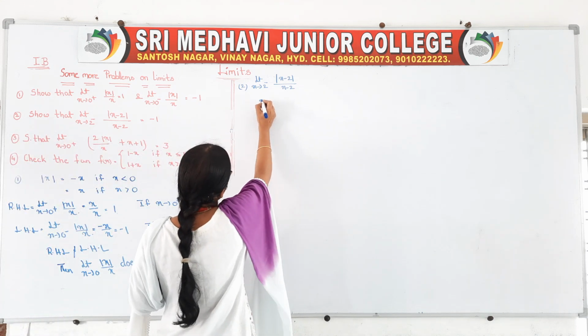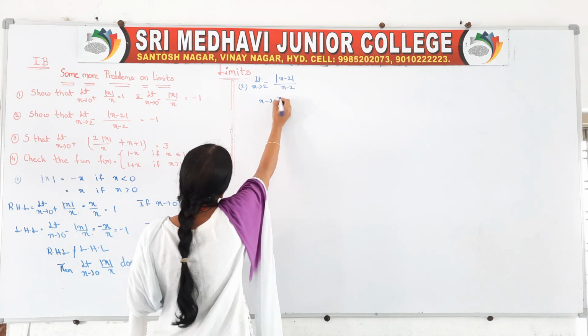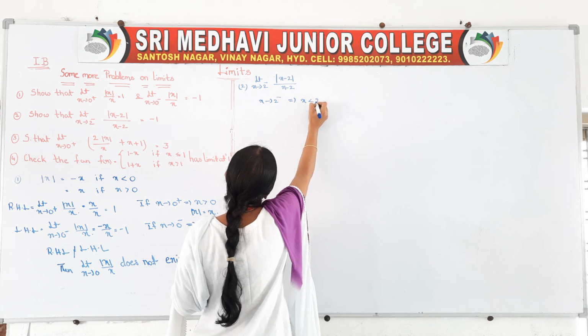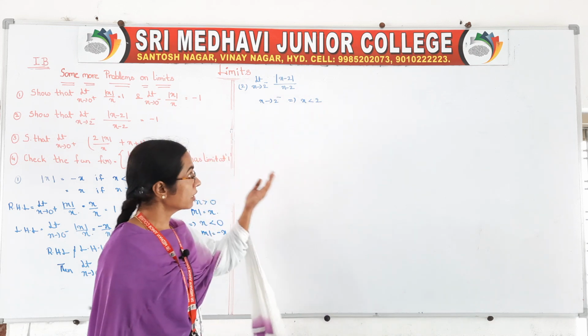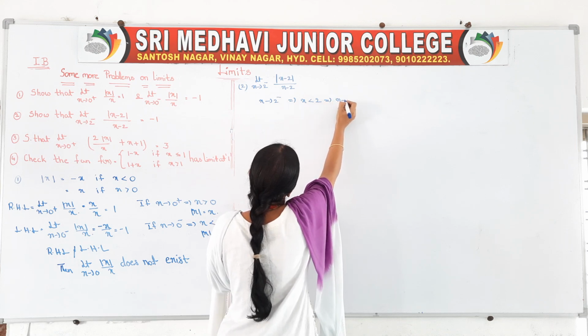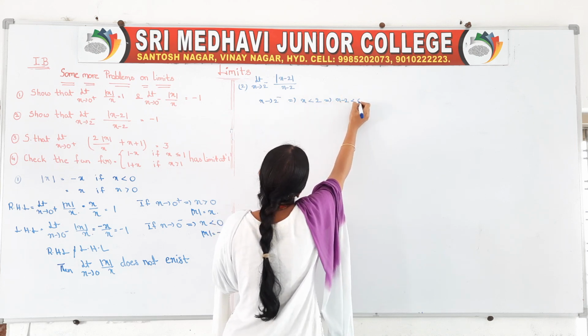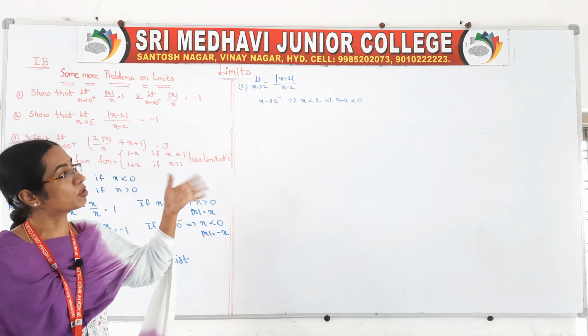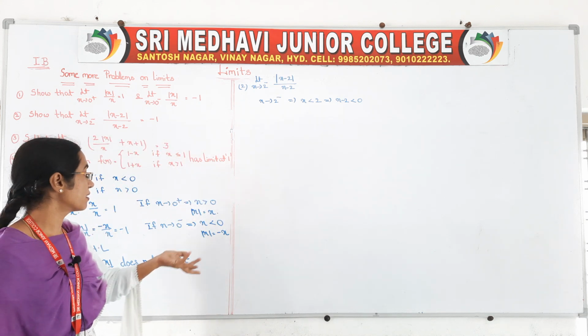So, x tends to 2 minus implies x is less than 2. Bring the 2 to this side. Then x minus 2 is less than 0. If that value is less than 0, its modulus is minus of it.